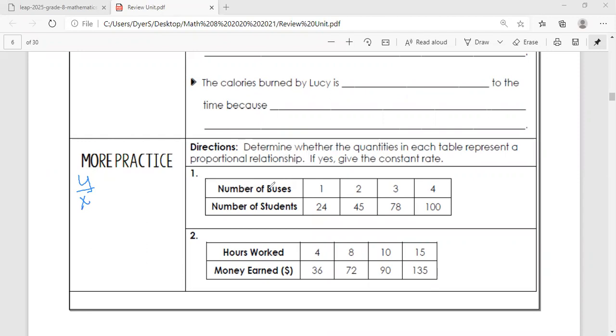All right, so that's going to be your independent. The number of students is what may change. So that's going to be students over buses, okay? So we have 24 to 1. And we're checking to see, does that equal 45 to 2? That's what we got to figure out.